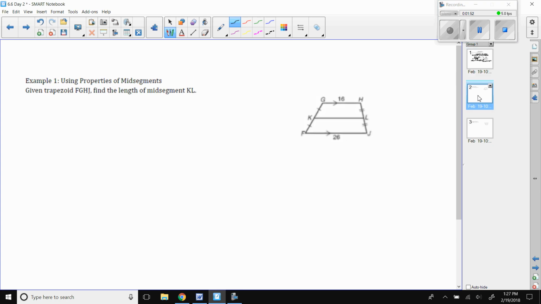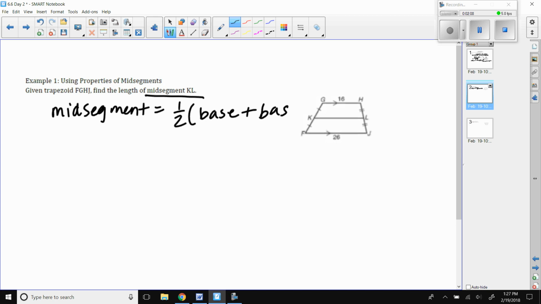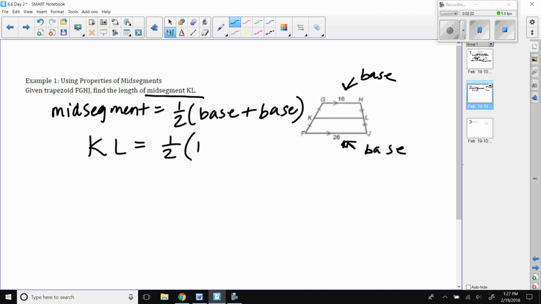In example 1, it's asking you for KL, and it says midsegment KL. Now, I know that the midsegment, from what I just learned, is going to be 1/2 base plus base. And in this case, I have a base here and a base here. So KL is going to equal 1/2 my top base 16 plus my bottom base 26.